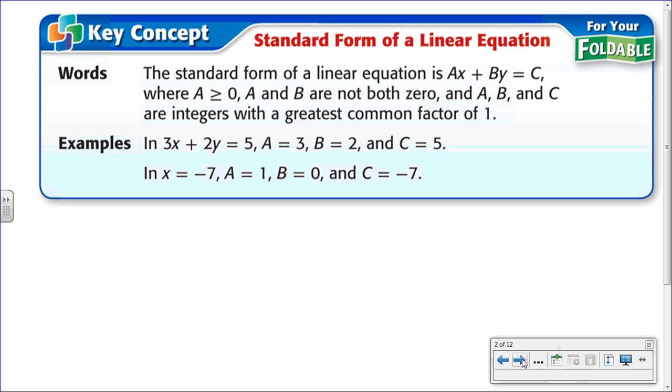You can write the examples if you'd like, I don't care. Just use a pen.